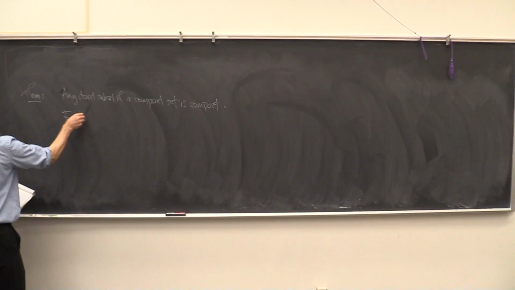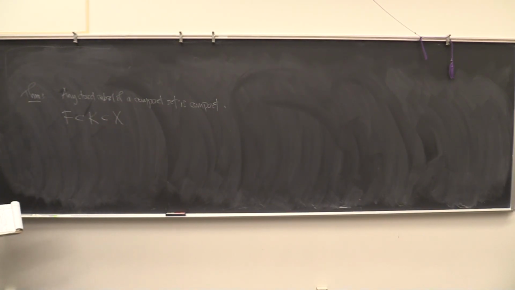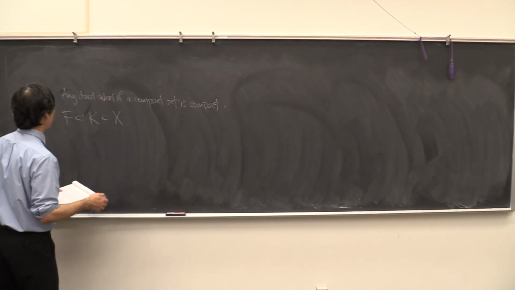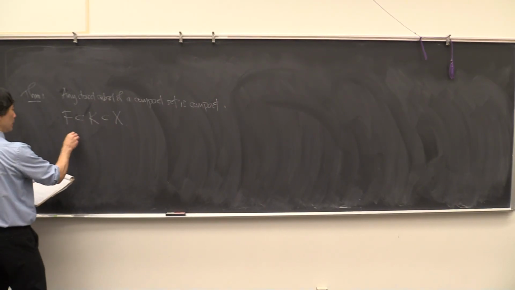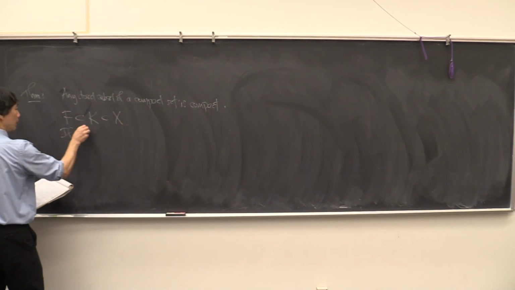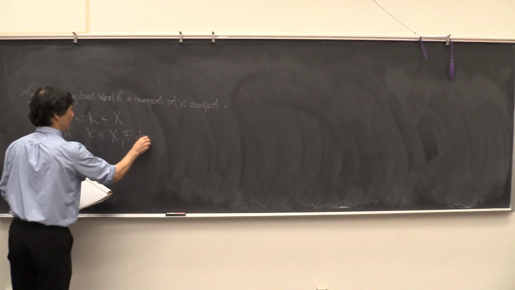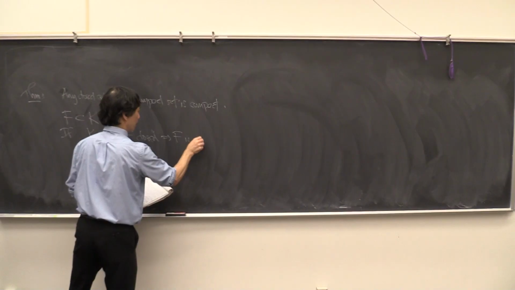So we have F contained in K, contained in X. People always use F for closed sets because of the French, fermé. And so we say if K is compact and F closed, then F is compact.